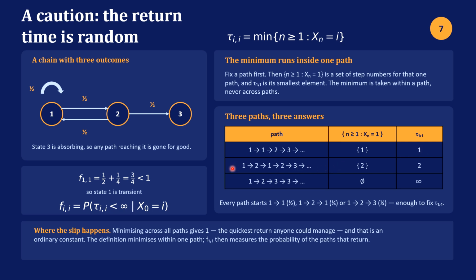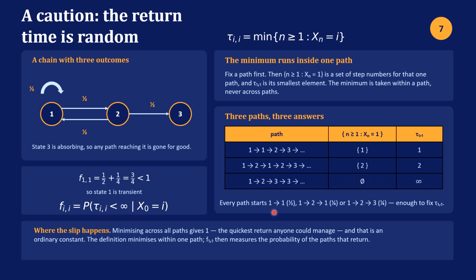Then we have another path, 1 to 2, 2 back to 1, then 1 to 2, and then 2 on to 3. So we come back to 1 twice, but we're interested in the minimum. So it's 1 to 2, 2 to 1, so that's 2. Then we have another path, 1, 2, and then off to 3, so you never come back to 1, so there's nothing here. And we say that tau sub 1,1 is infinity.